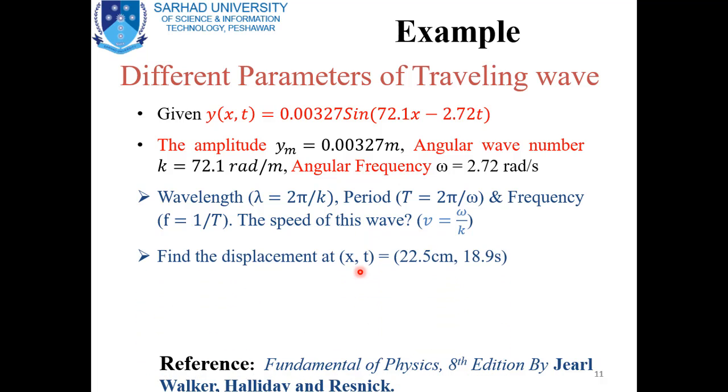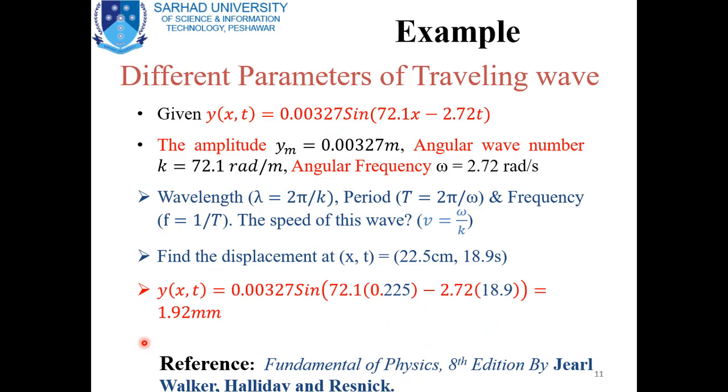And finally, find the displacement when position and time are given. x is equal to 22.5 centimeter and the time is 18.9 second. So when we insert the value of x over here and the value of t and calculate this phase and then apply sine and then multiply it with the amplitude, we will get 1.9 millimeter.